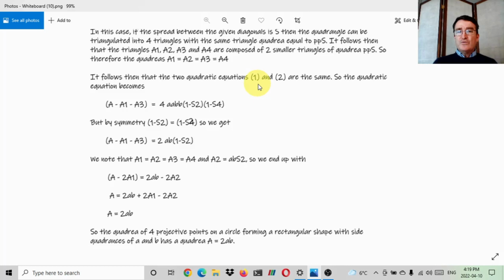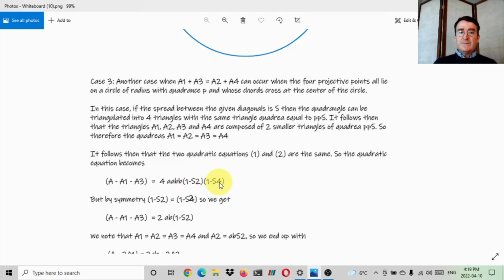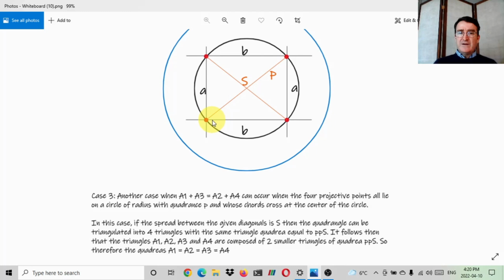And so we end up with, since A1 is equal to A3, A minus 2 times A1 equals 2 times AB minus 2 times AB times S2, which was A2. So bringing this to the other side, we have A equals 2 times AB plus 2 times A1, minus 2 times A2, but A1 is equal to A2, so these two terms cancel, and we end up with the quadrea equals 2 times AB in the situation where the 4 points of the quadrangle lie on a circle, and the chords of the circle go through the center of the circle.